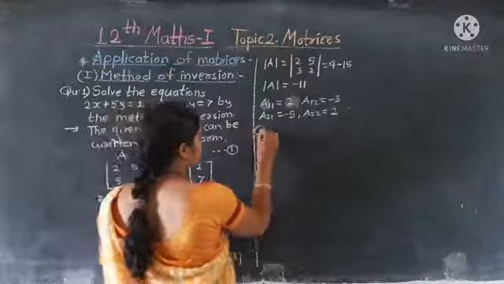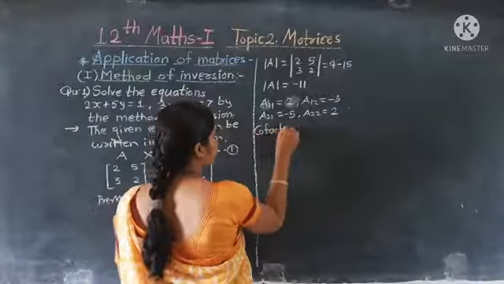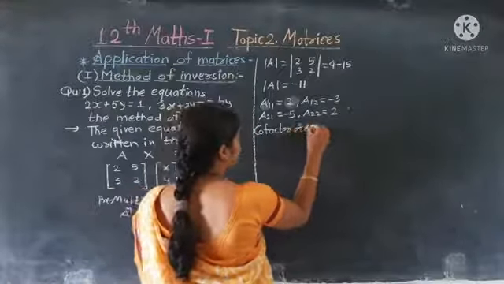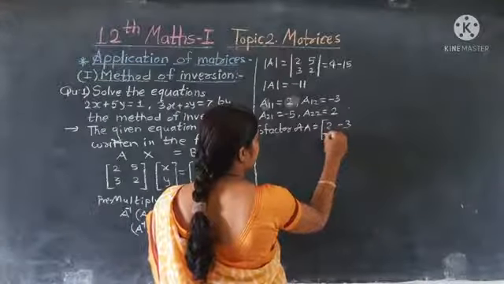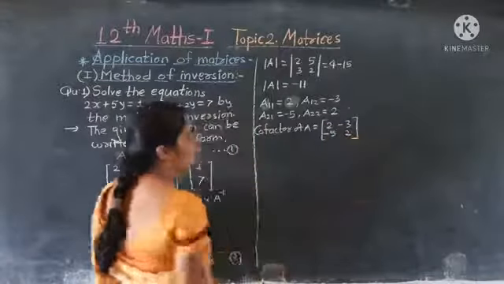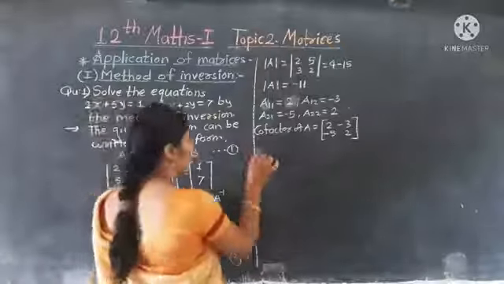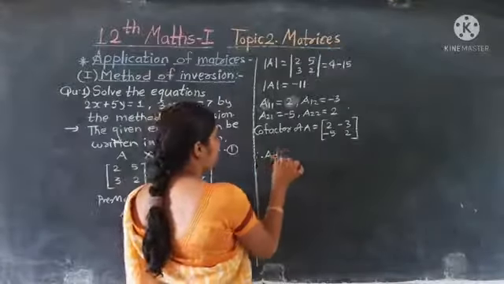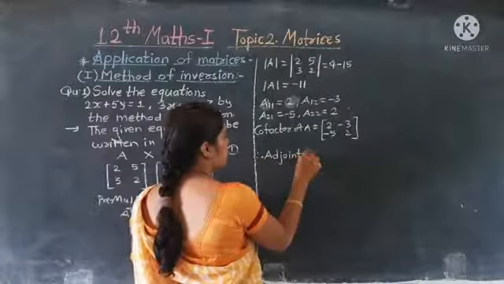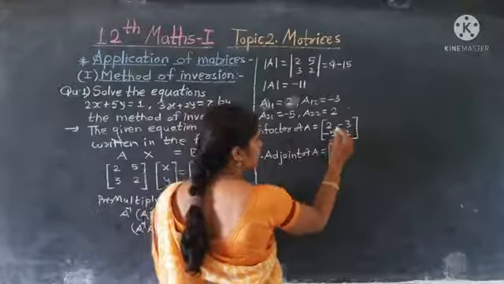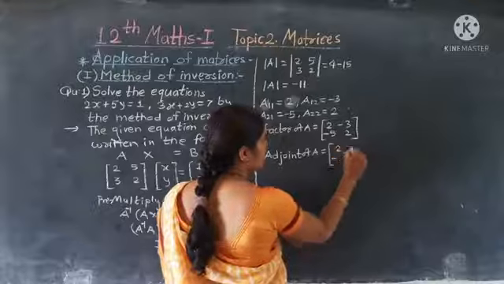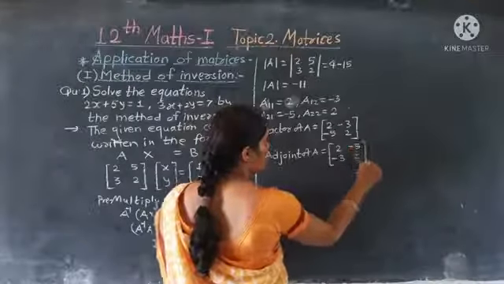Therefore, the cofactor of A is given by 2, minus 3, minus 5, 2. We get the cofactor. Therefore, adjoint of A is equal to the transpose of the cofactor.